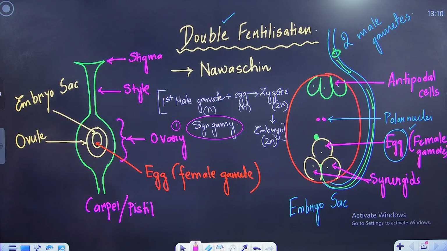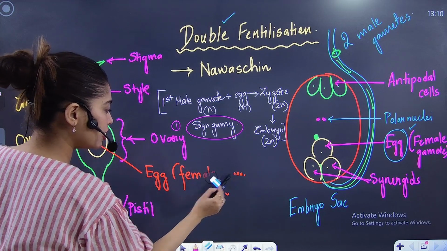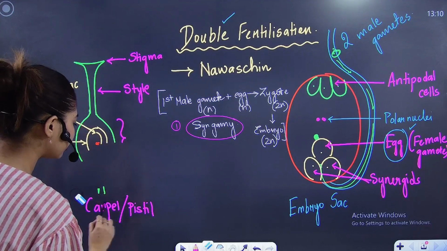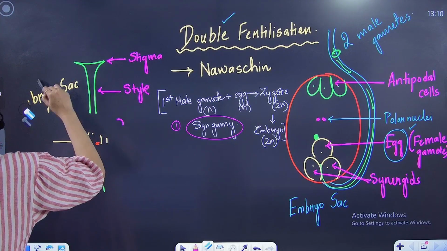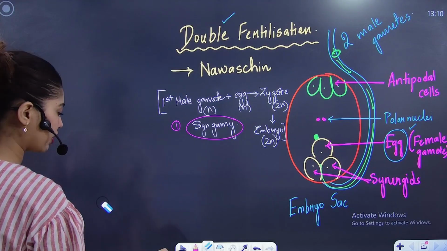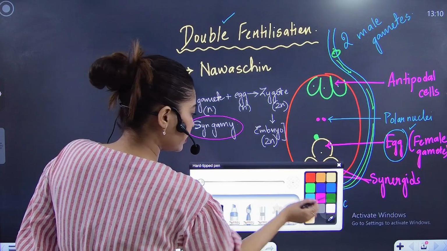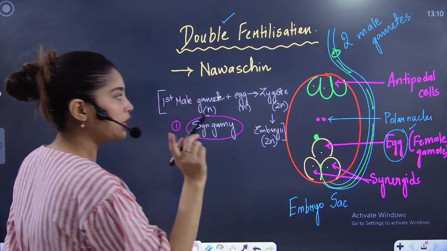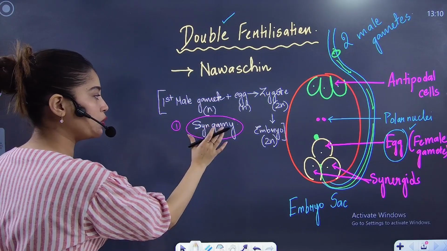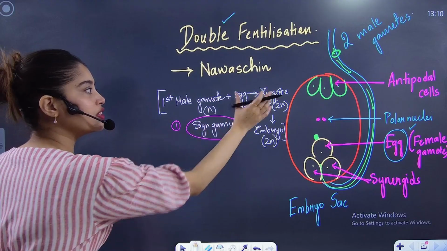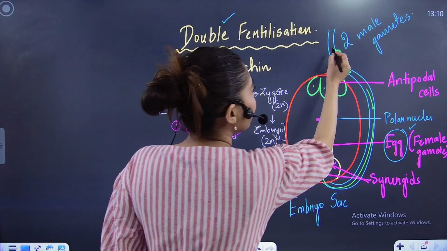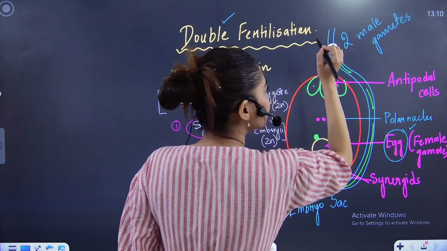Now let's see the second fertilization process. What are the structures which fuse during it? Now only one gamete is remaining. The first male gamete has already fused, resulting in the zygote through syngamy. Now the turn comes for the second male gamete.